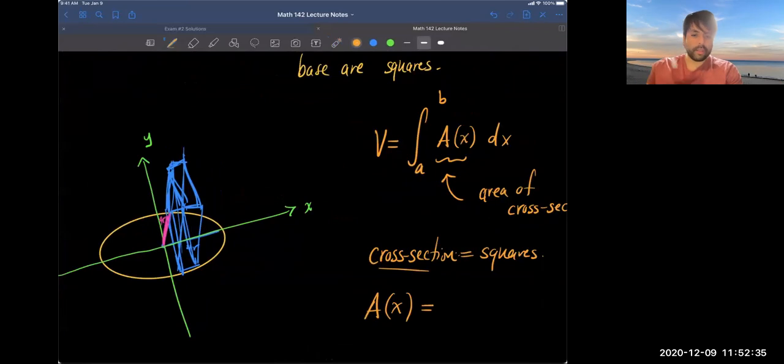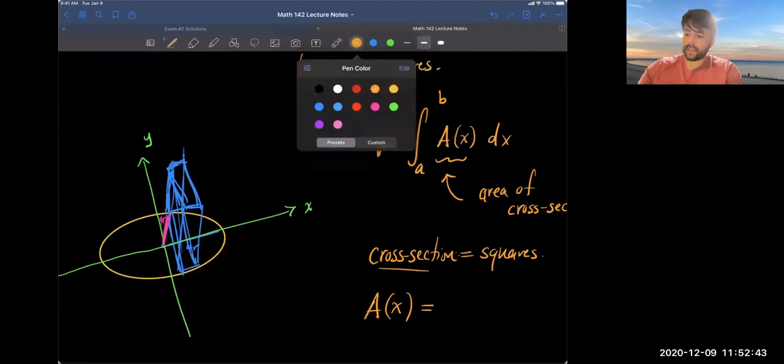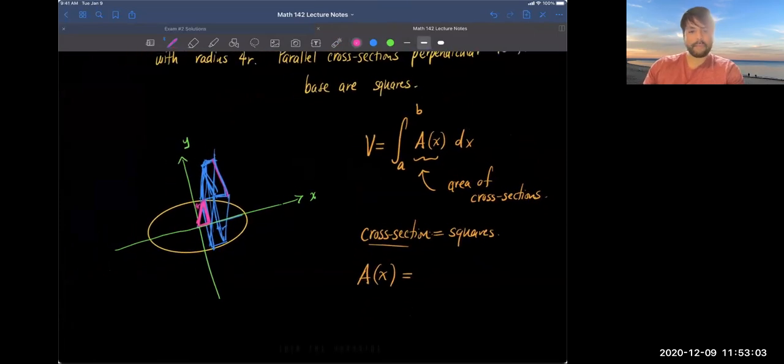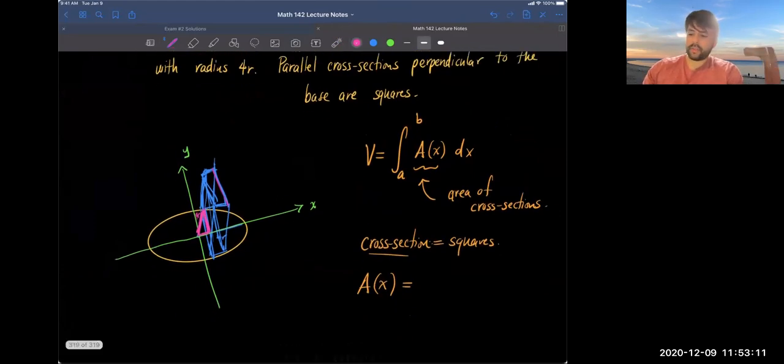Well, I would have to know the side of one of the squares, right? If I know the side, then I know everything. I know the area. So what's the side of one of the squares?